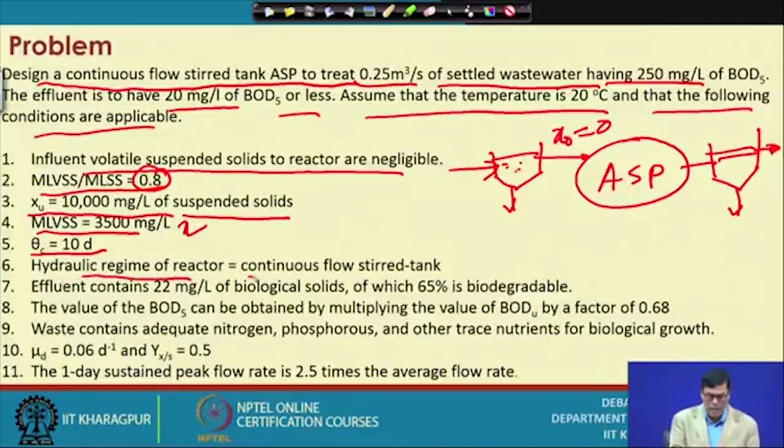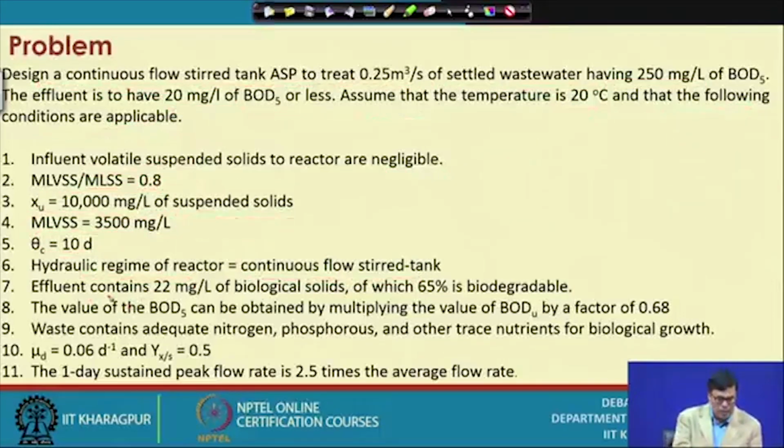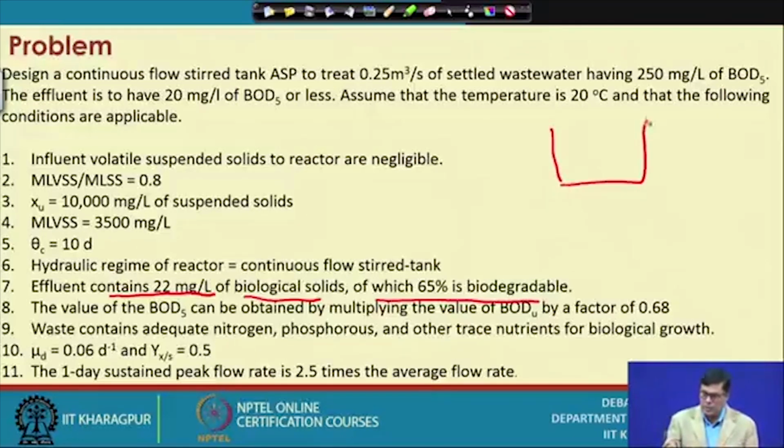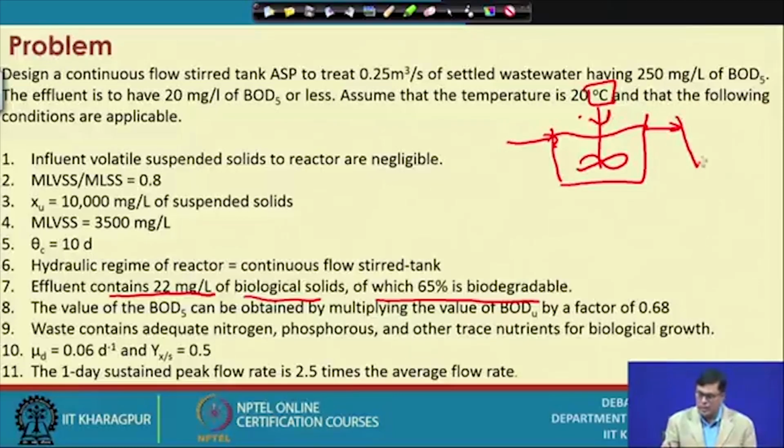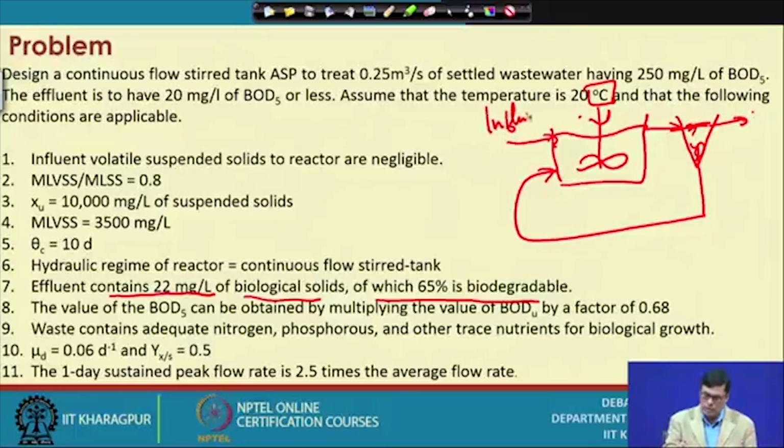The reactor is a continuous flow stirred tank. This thing is very important: the effluent contains 22 milligram per liter of biological solid, of which 65% is biodegradable. I want to tell you here, suppose this is the activated sludge process and this is the CSTR, and here you have a stirrer, and here you have the sedimentation tank. You recycle back to the reactor. This is called influent, and this is called effluent.